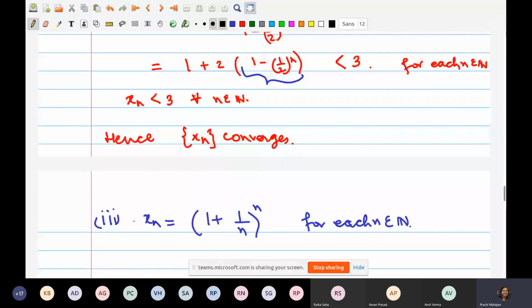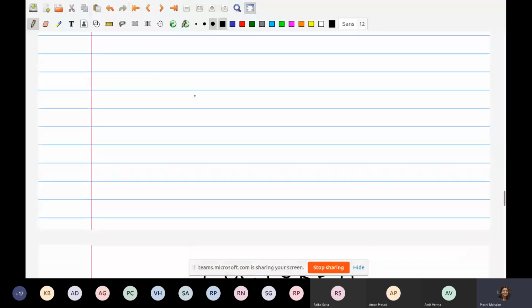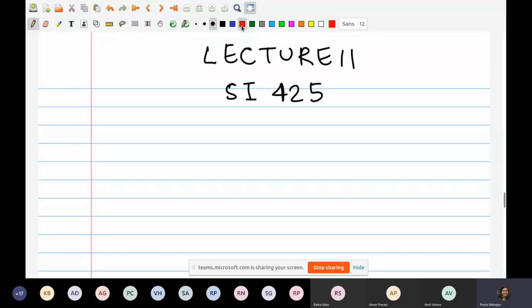Let's look at the third example, which we could not finish last time. Continuing from last time, more examples on the monotone convergence theorem. At any point of time, any questions, please feel free to stop me.